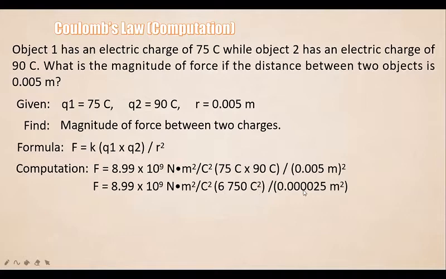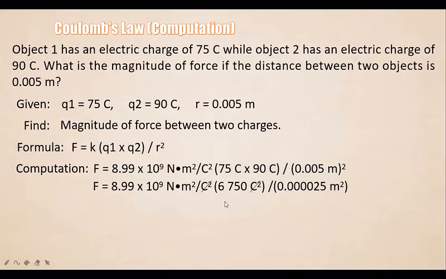Then the next thing is to get the square of our distance, which is 0.005 meter. If we square that, the answer will be 0.000025 meters square. And then cancel the same unit, which is the square Coulomb.